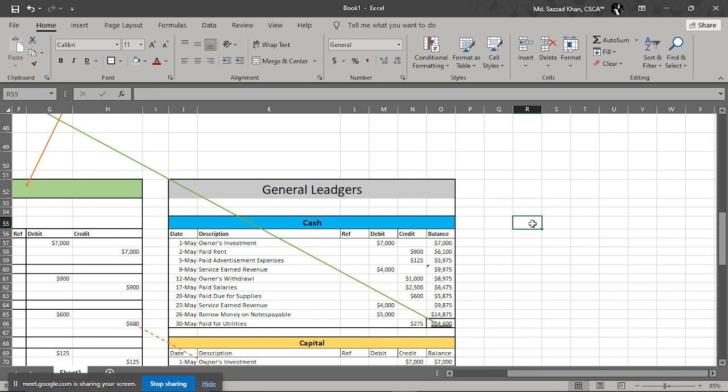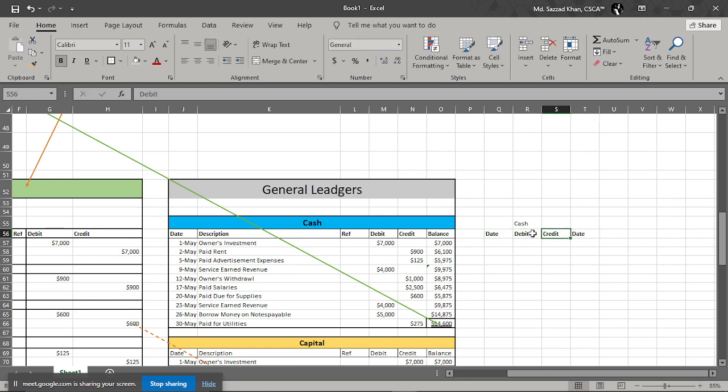For the T account, you start with cash first, like the general ledger. But here we write date, then debit, then credit, then again date. Or you can skip the date part too.